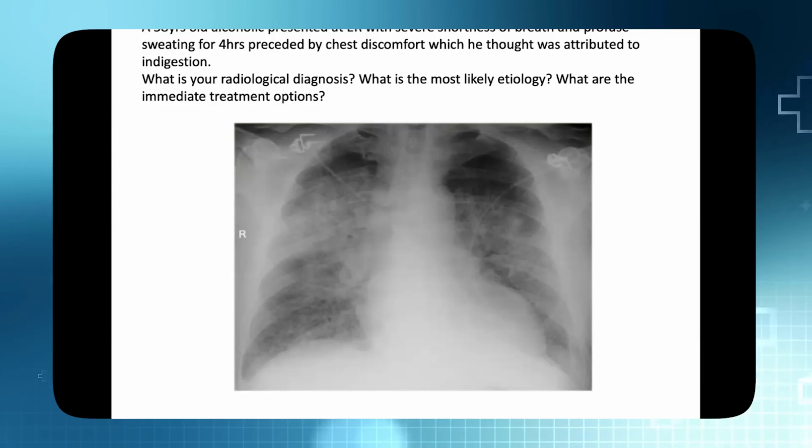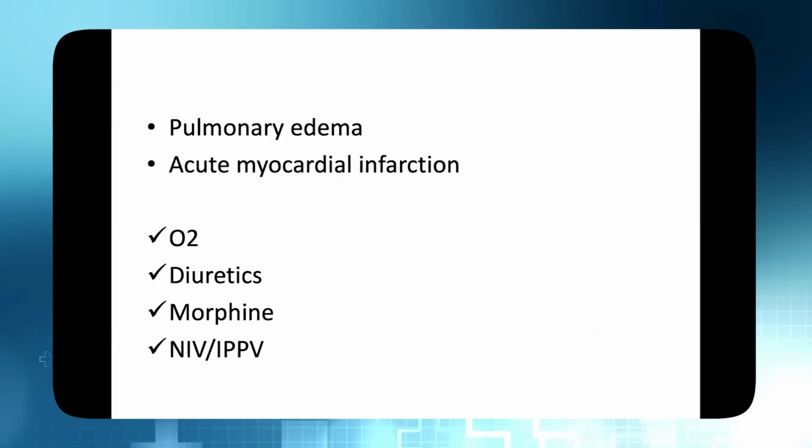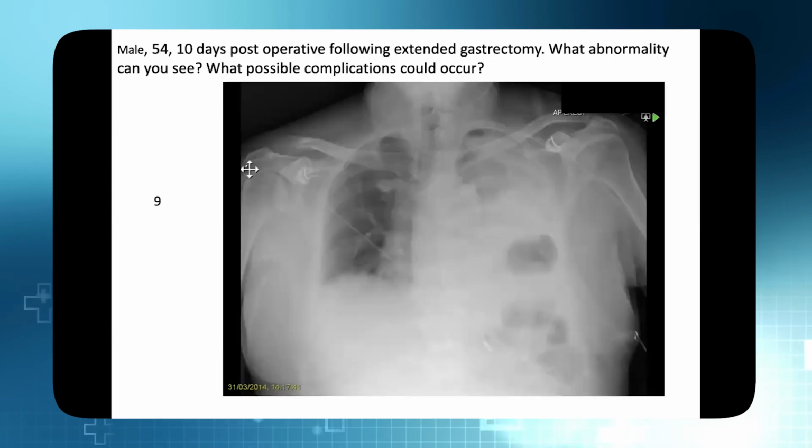And what is your immediate management? Immediate management: give NIV and diuretics. So pulmonary edema, acute myocardial infarction, O2, diuretics, morphine, NIV or IPPV.